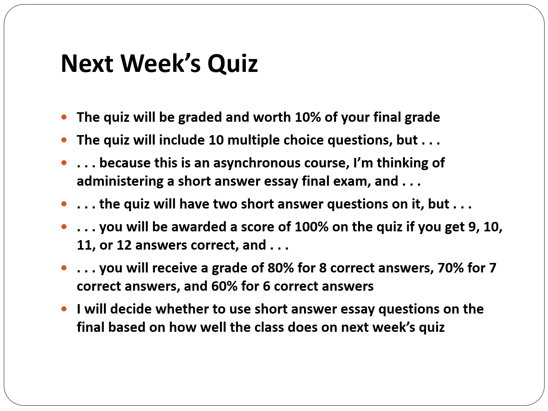So what we'll do is if you score 9, 10, 11, or 12 on the quiz next week, you'll get an A. You'll get credit for 100% on the quiz. If you get 8 correct, you'll get an 80%. 7 correct, 70%, 60% for 6 correct, etc., etc.